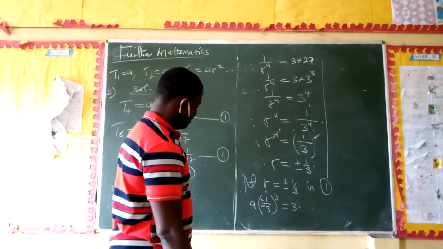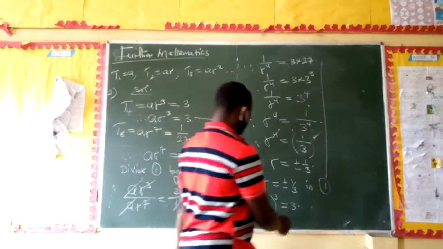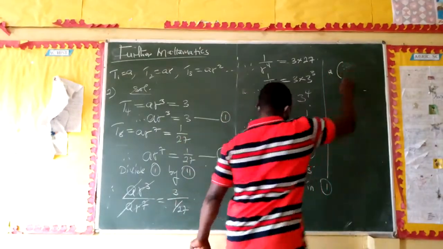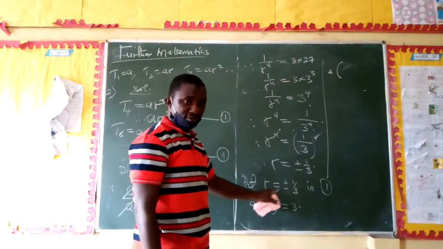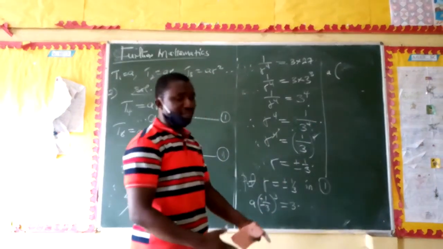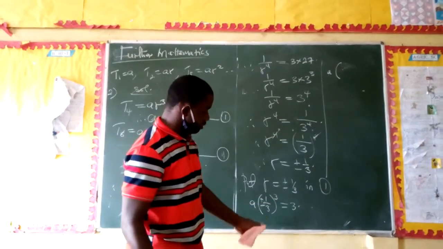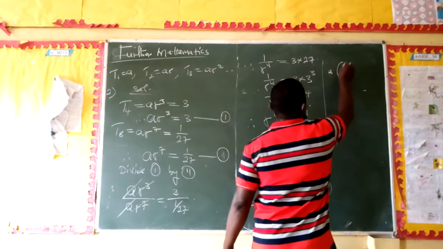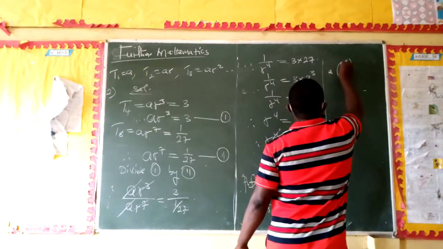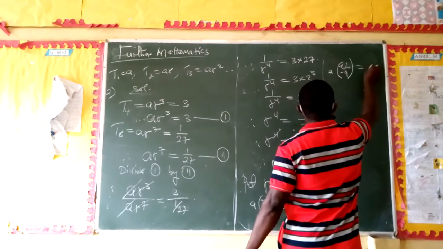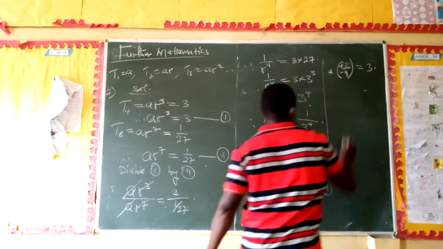If I raise a positive number to power 3, it gives me a positive number. If it is a negative number, it gives me a negative number. So the positive and or negative remains. So I have A times plus or minus 1 over 27 is equal to 3.